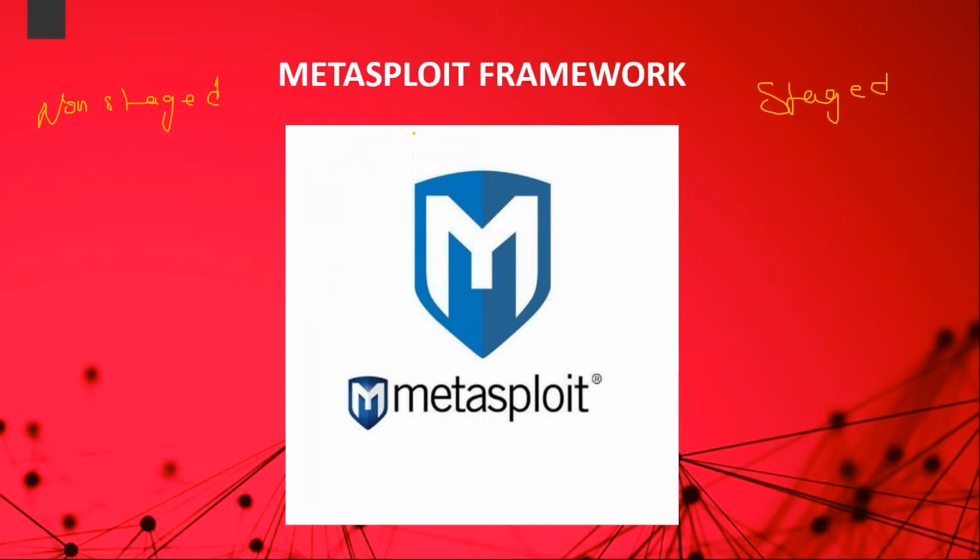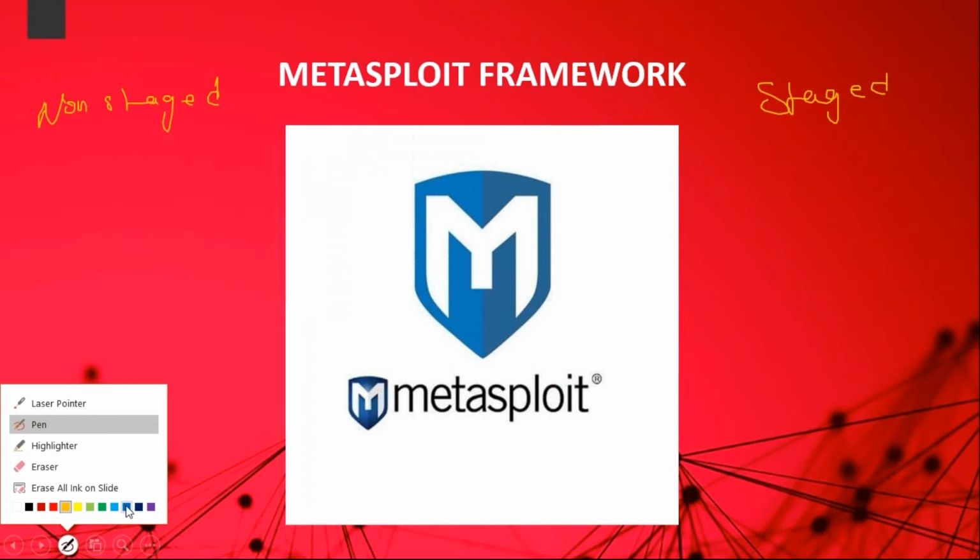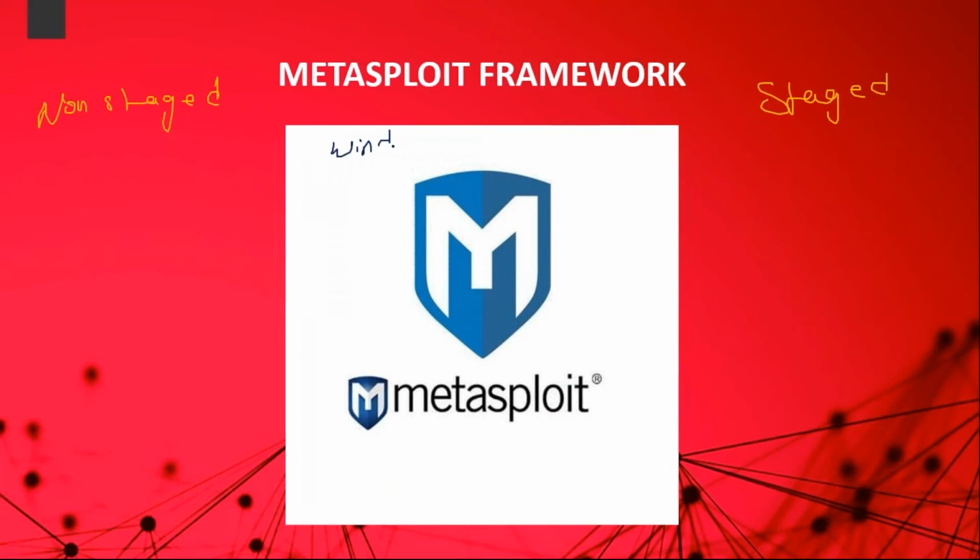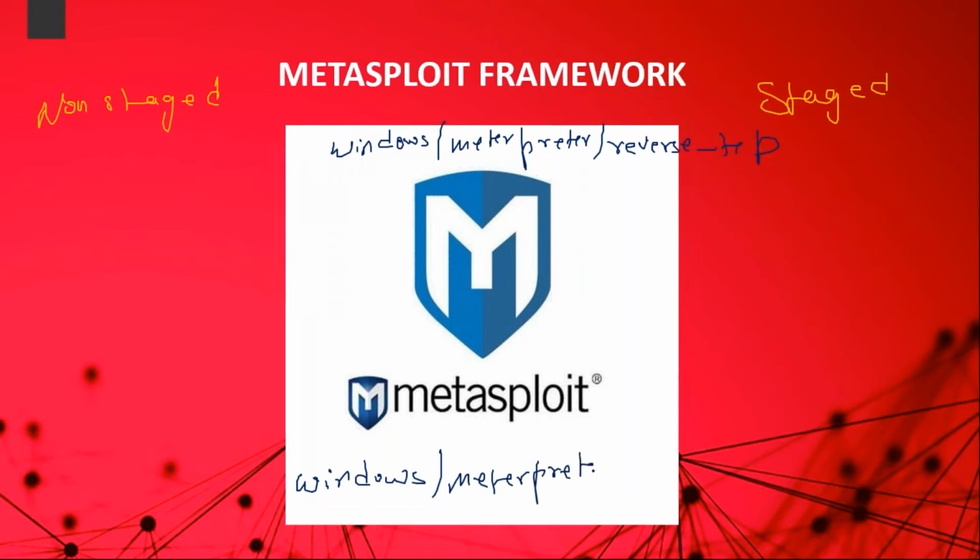Let's say I'm giving you a name, let me write it with a different color: windows/meterpreter/reverse_tcp, and the other name is windows/meterpreter_reverse_tcp. Now in non-staged, what happens?